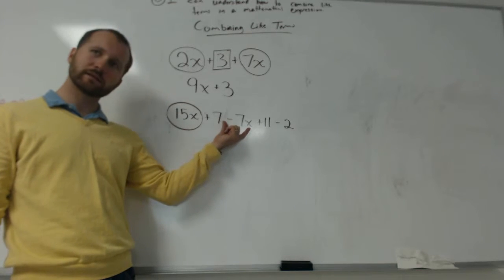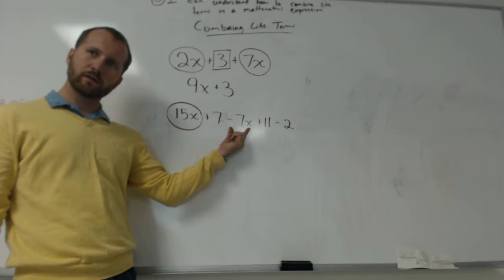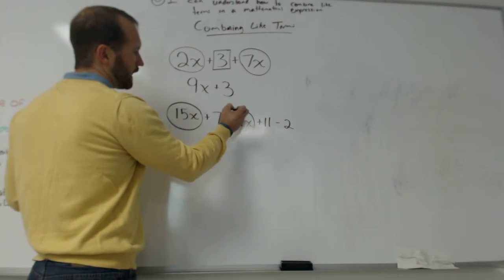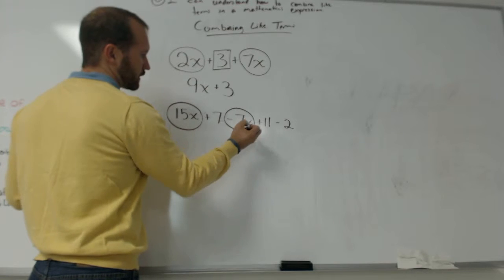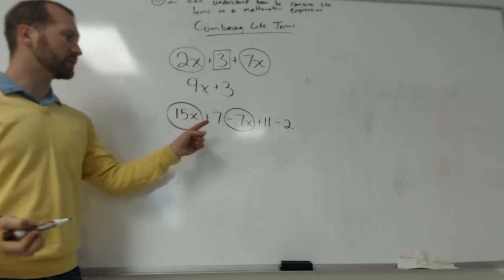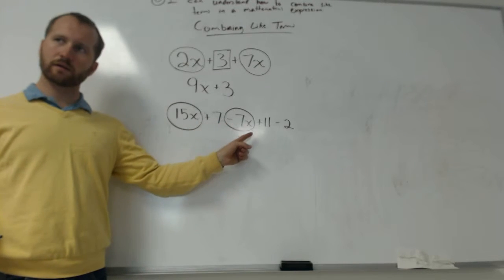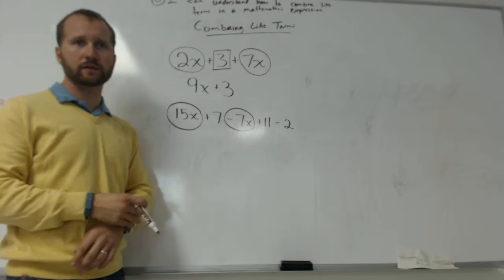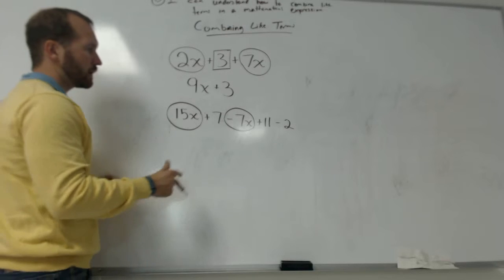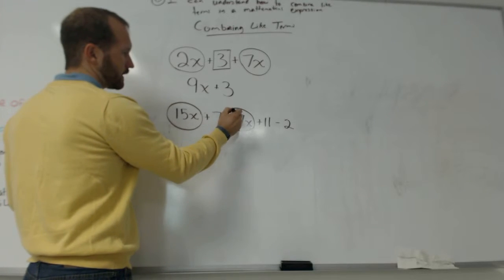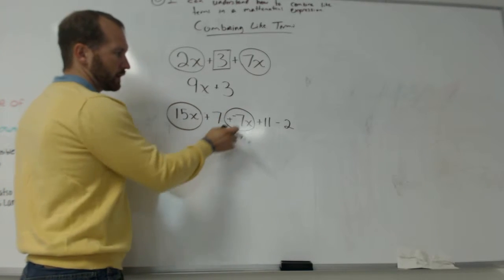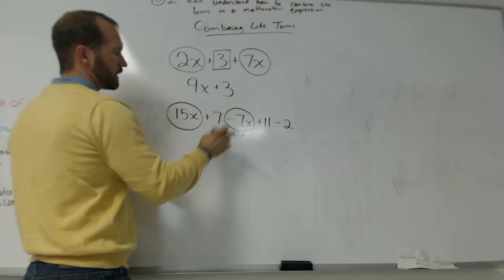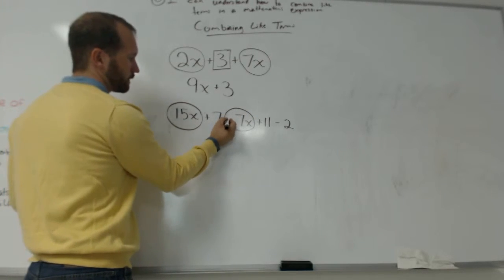It's minus 7x. Do you see what I'm saying? I have to connect the minus to this term. Wouldn't it be negative 7x? You could think of it as negative 7x if you wanted to. So we could think of it as plus a negative 7x, if that helps you. Or you could just think of it as minus 7x.